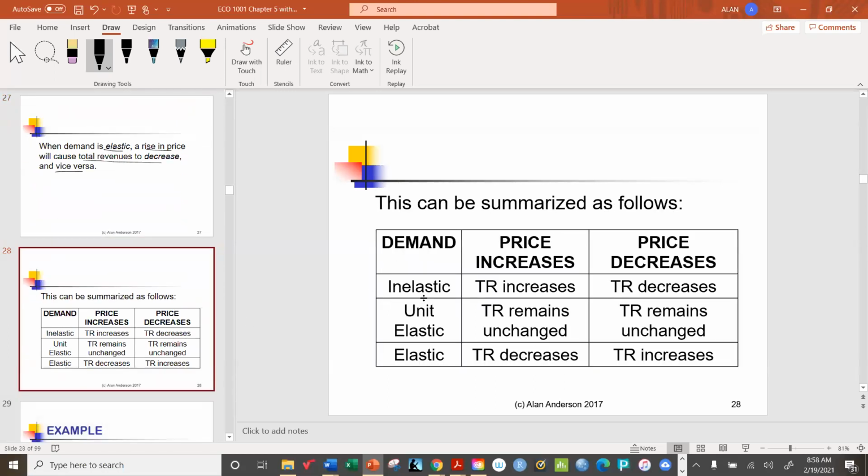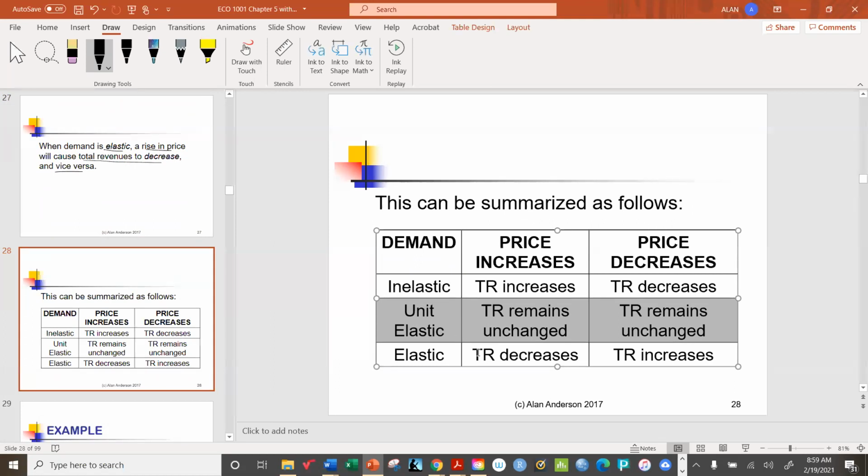So with an inelastic demand, if you raise the price, you'll have more revenues. If you cut the price, you'll have less revenue. So the price and the revenues are going in the same direction. Here's the strange unit elastic case. That is the case where no matter what price we charge, we'll get the same total revenues.